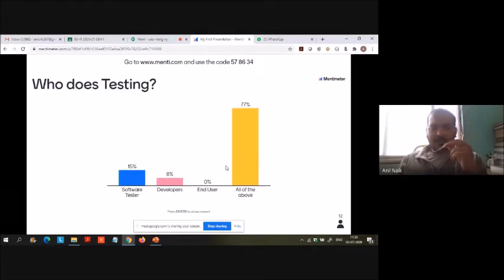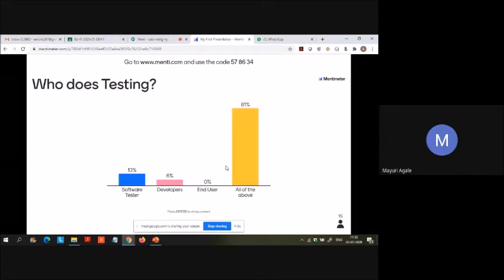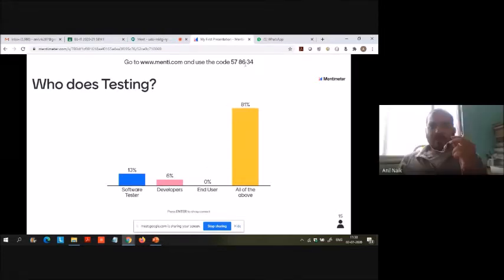Still the students are giving answers. Sir, can you repeat the code? It is visible: 578634. It is 6 digits.